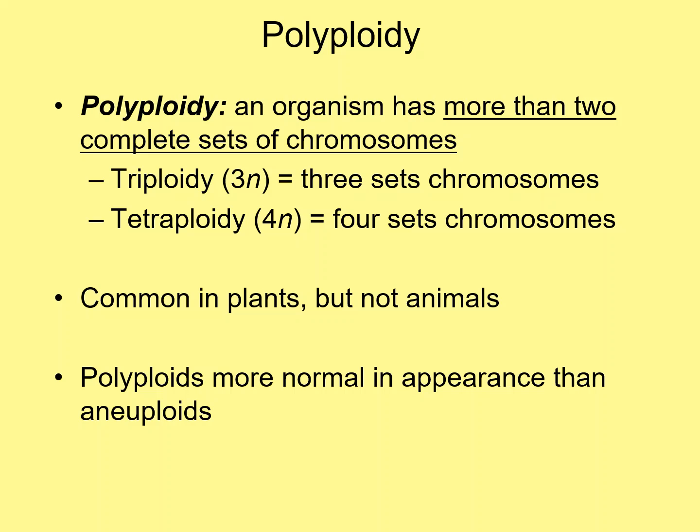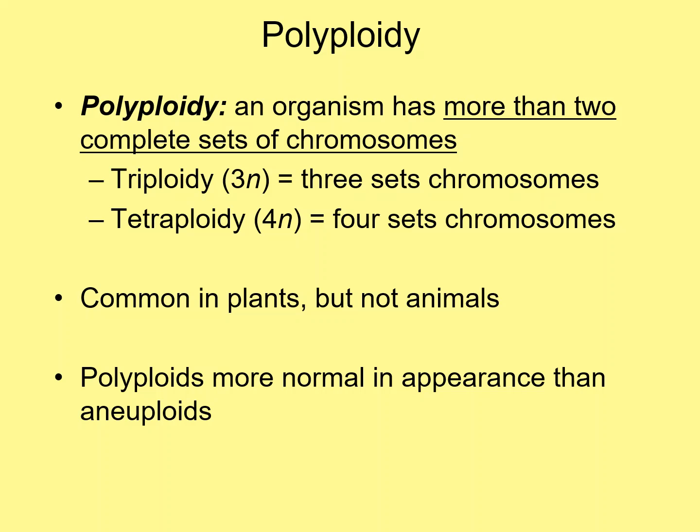In fact, most of our domestic plant species, the food species that we use, are polyploid. Wheat in particular, and strawberries, for example, are mostly octoploid, so they have 8 copies. They clearly tolerate that just fine.